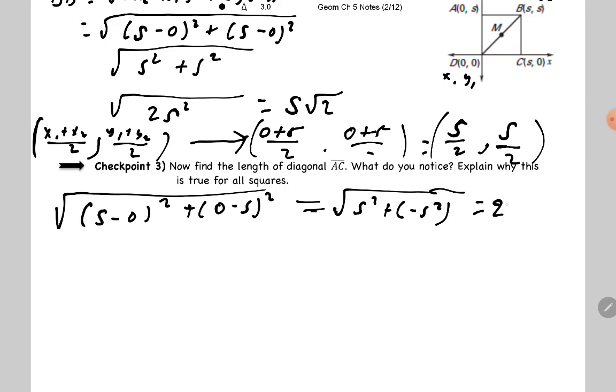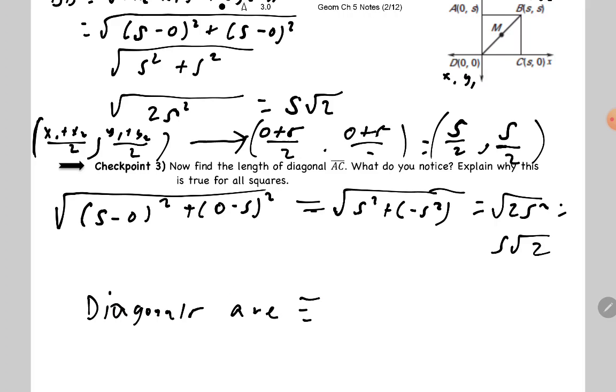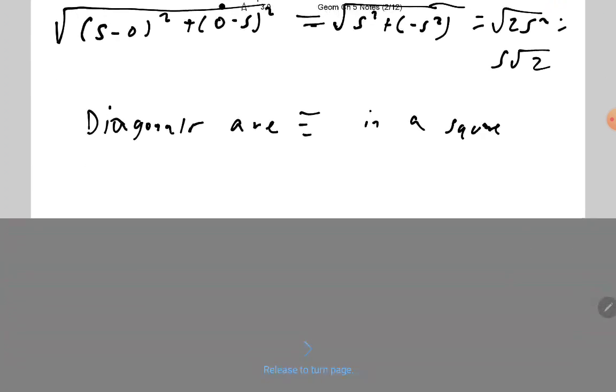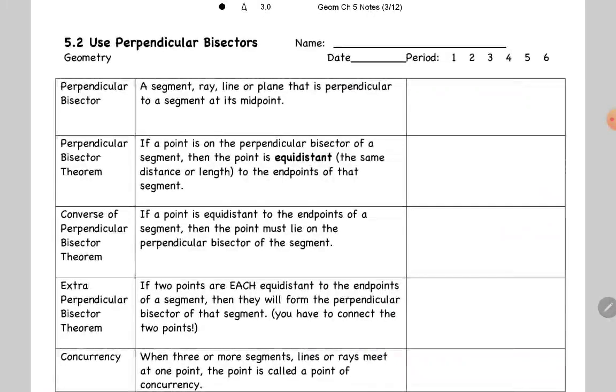So you'll get the square root of 2s squared again, which is s times the square root of 2. Diagonals are congruent in a square. And that's that.